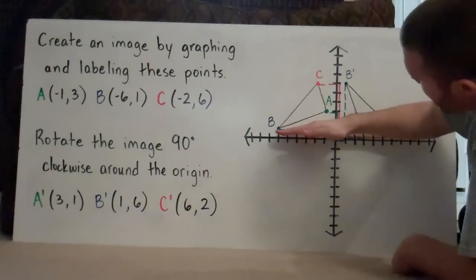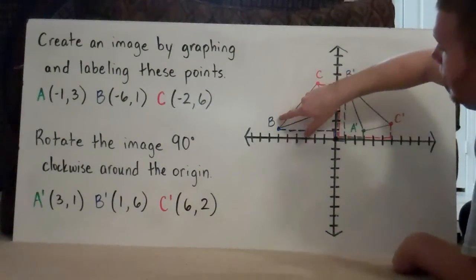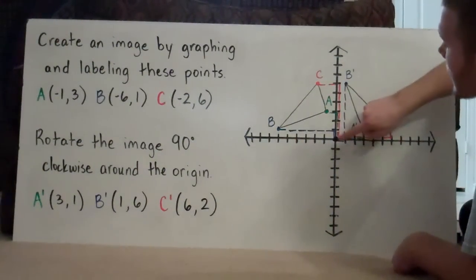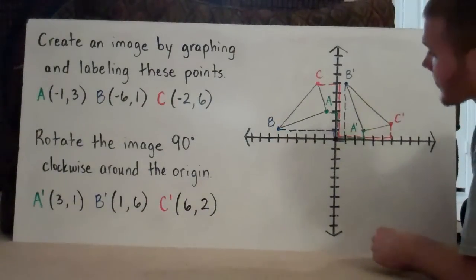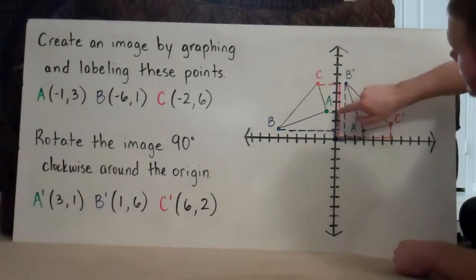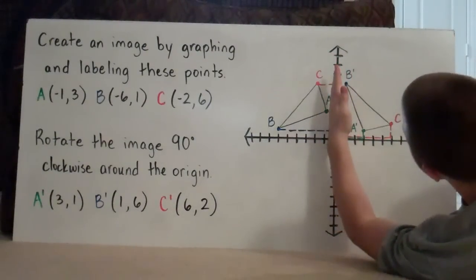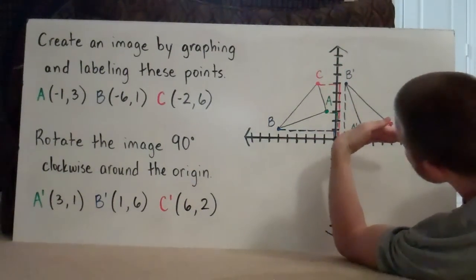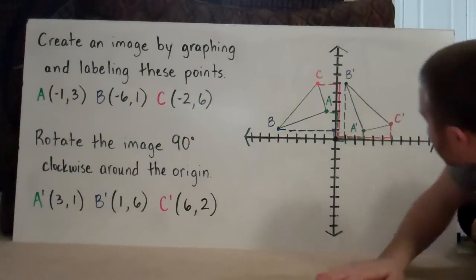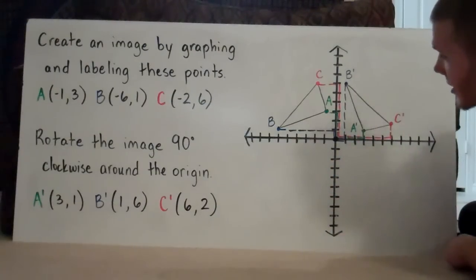If we rotate it 90 degrees, B ends up right here, B prime, which is at 1, 6. And then C, look at this class, we're going up 1, 2, 3, 4, 5, 6, over 2. I'm going to rotate that 90 degrees, just like that. C becomes C prime, and our new coordinates are 6, 2 for C prime.